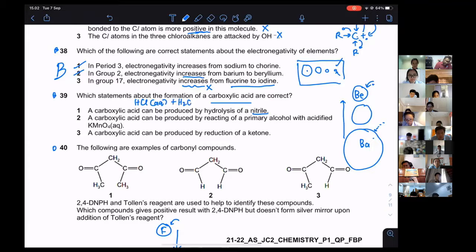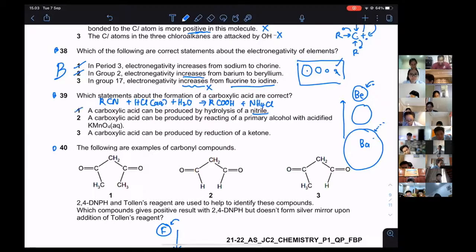You go and find out about this. When these two react, they are going to give you RCOOH, and then NH4Cl. I don't think it's balanced, so you balance it yourself, but this one is important. So number 1 is correct.